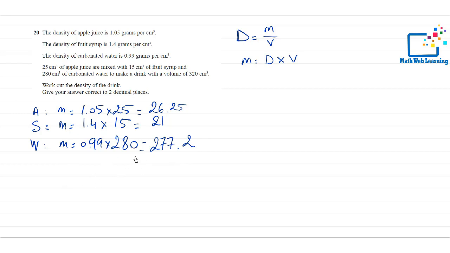Well, we're going to use this formula here. We need to do the total mass. So basically, the density is the total mass divided by the total volume.